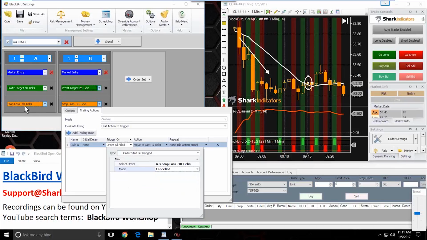Let's say your stop loss for order A gets canceled, then you could use that as your triggering event. So if your stop loss for A gets canceled, then maybe you need to tighten your stop loss for order B or something like that.